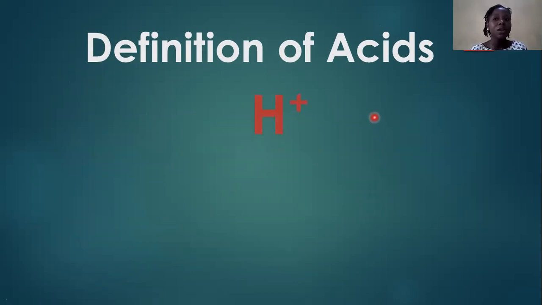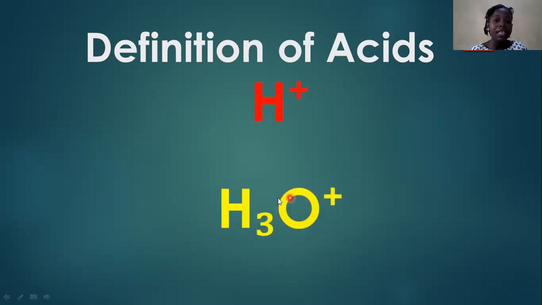An acid is a substance which, when dissolved in water, produces hydronium ion, H3O+, as the only positive ion. I'll say that again. An acid is a substance which, when dissolved in water, produces hydronium ion as the only positive ion. Now, look at this H+. Why is this H+ here and why is it before the hydronium ion?